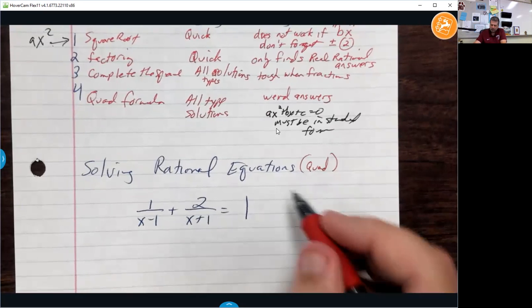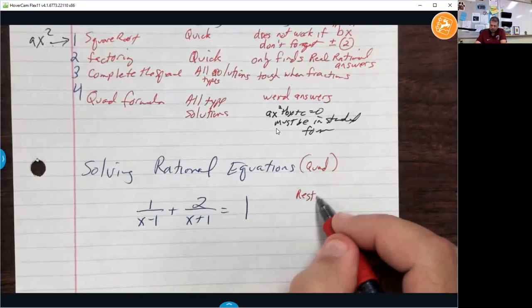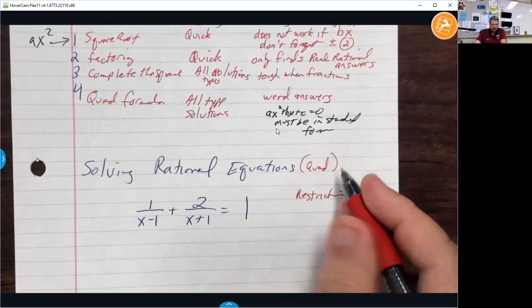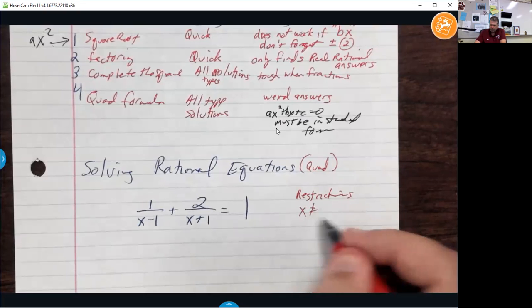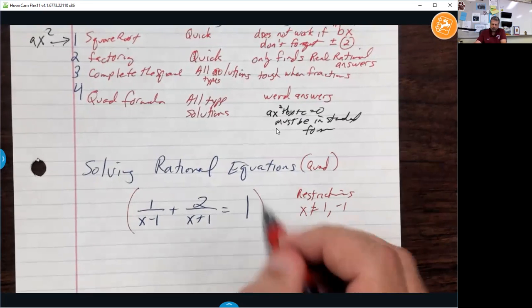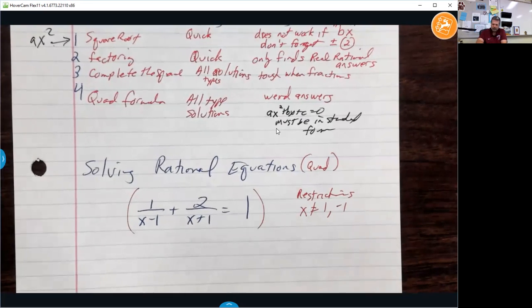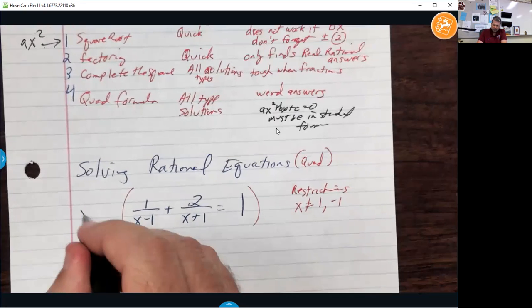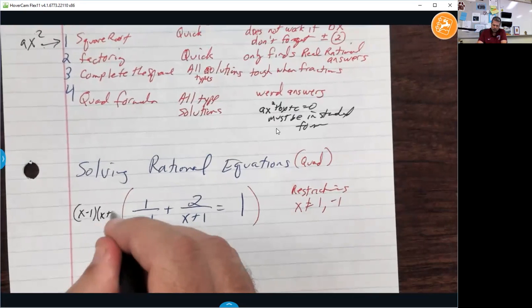Well, we still have to find restrictions. So the restrictions here are x cannot be 1 or -1. So what we're going to do is multiply by the common denominator, which in this case is x minus 1, x plus 1.